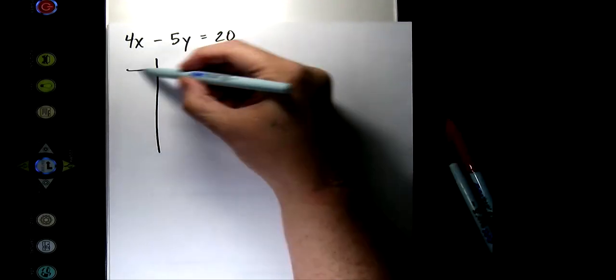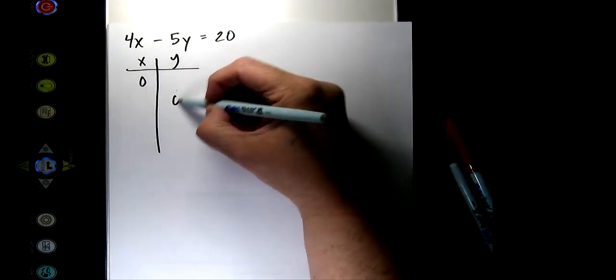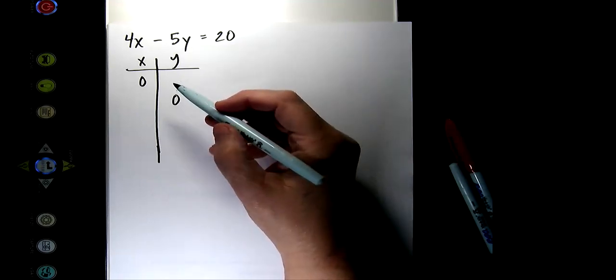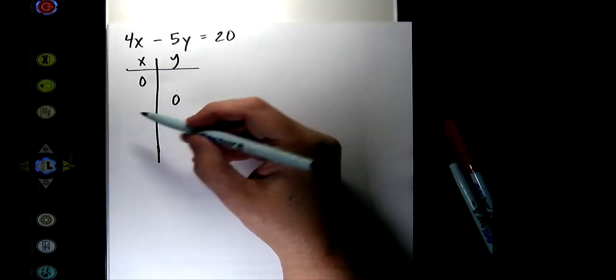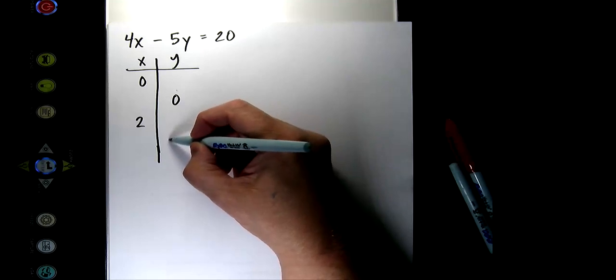And you guys find x 0, y 0, x is 2, and y is 2. Let's do 2 on both of them.